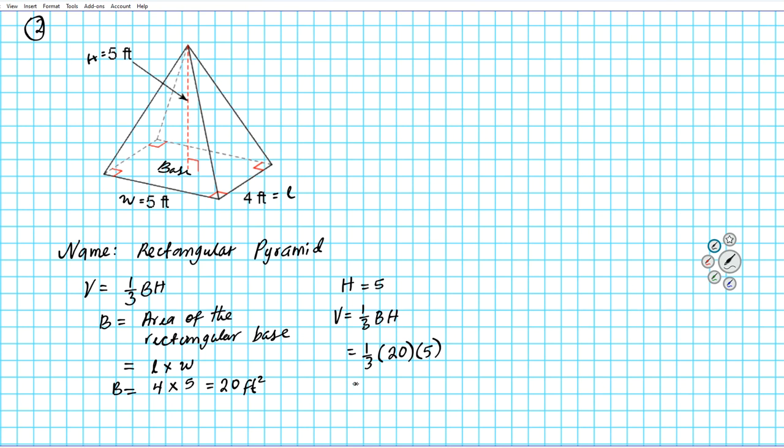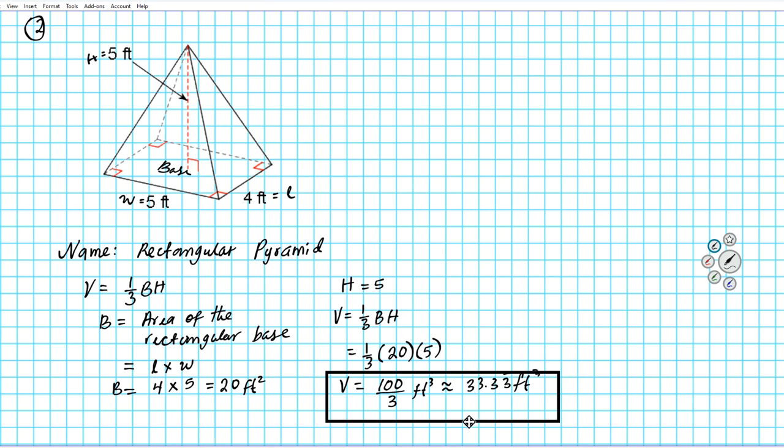When we work this out, it's going to be 100 over 3 feet cubed, which can be approximated as 33.33 repeating cubic feet. So there goes the answer to question number 2.